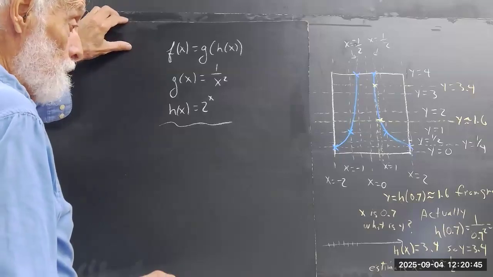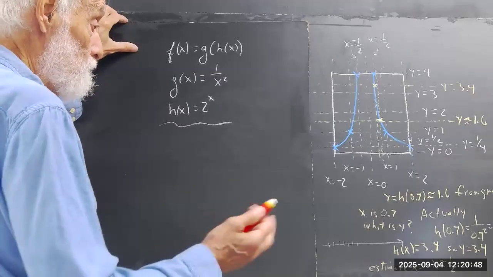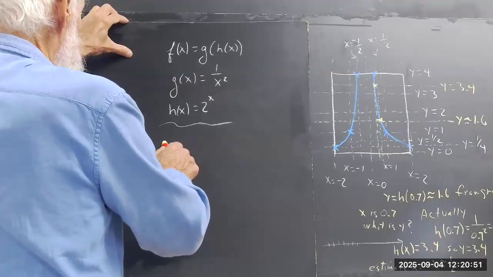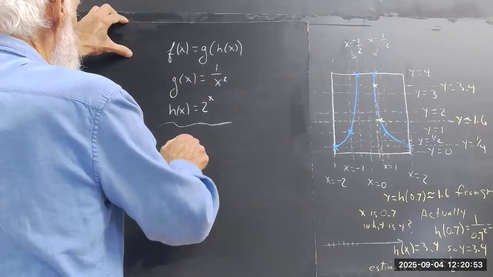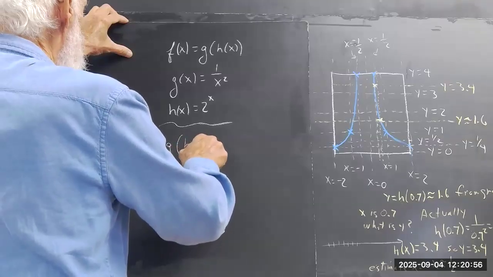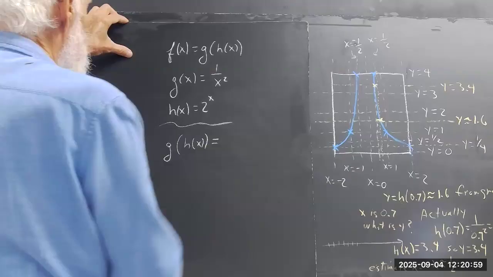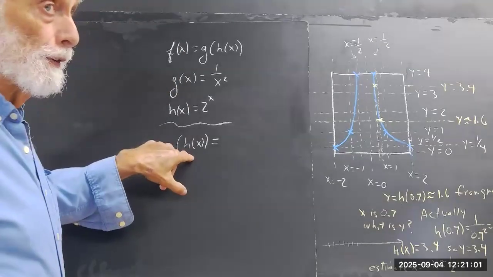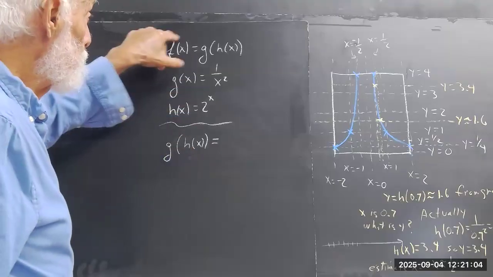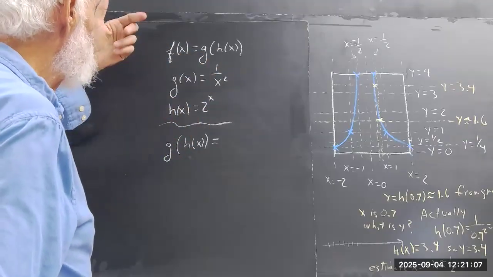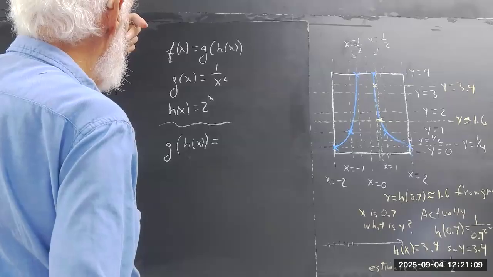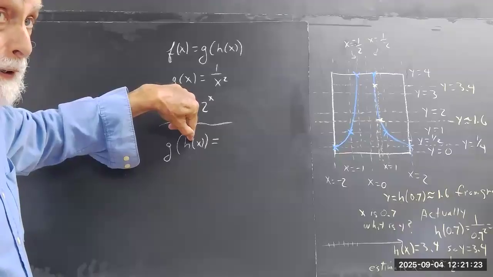If you recall from last Thursday, you're replacing x by h of x. So wherever you see an x up here, you have to replace it. It's going to become h of x, right?